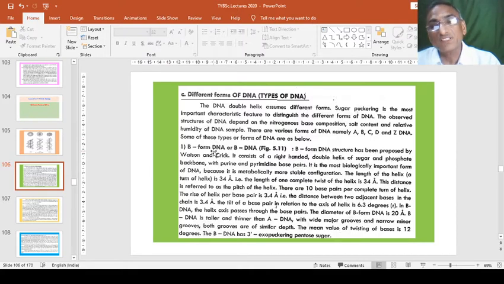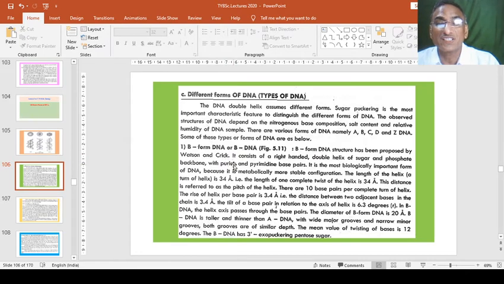Some of these forms are discussed here in detail, for example the B form of DNA or B DNA, because the standard form of DNA is nothing but the B form, and it was proposed by Watson and Crick, the two Nobel laureates.